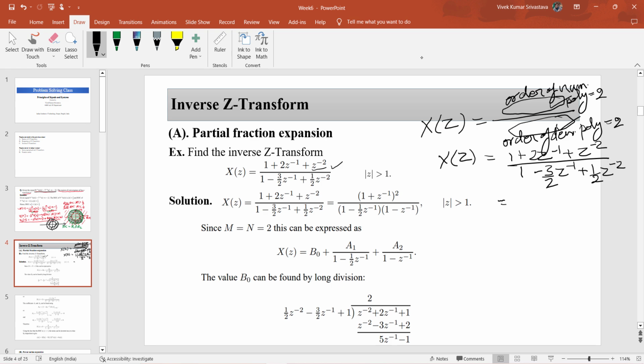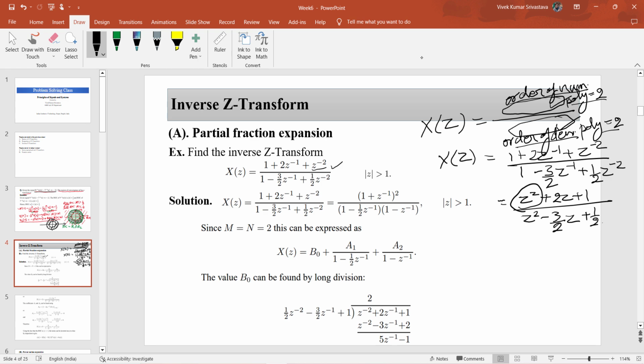If you multiply both numerator and denominator by z raised to the power 2, the net function you will obtain is z square plus 2z plus 1 over z square minus 3 by 2 z plus 1 by 2. From here we can see that the highest power of z is 2, so the order of the numerator polynomial is 2, and for the denominator polynomial it is also 2.